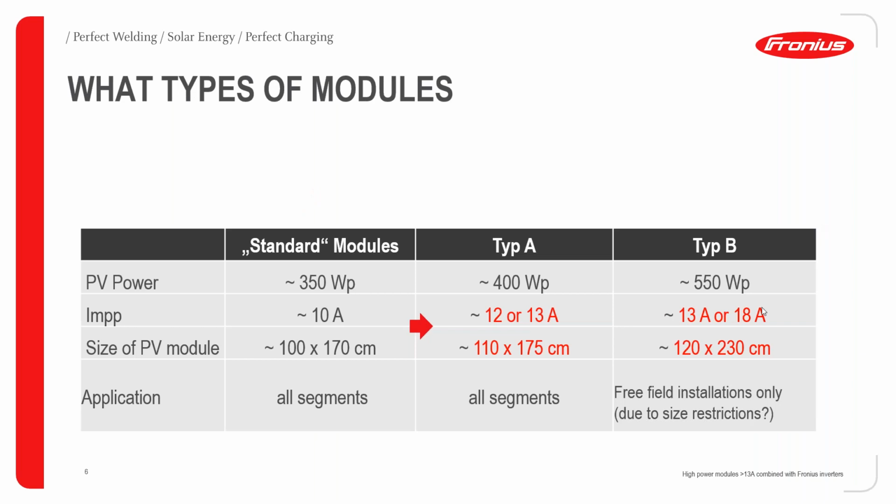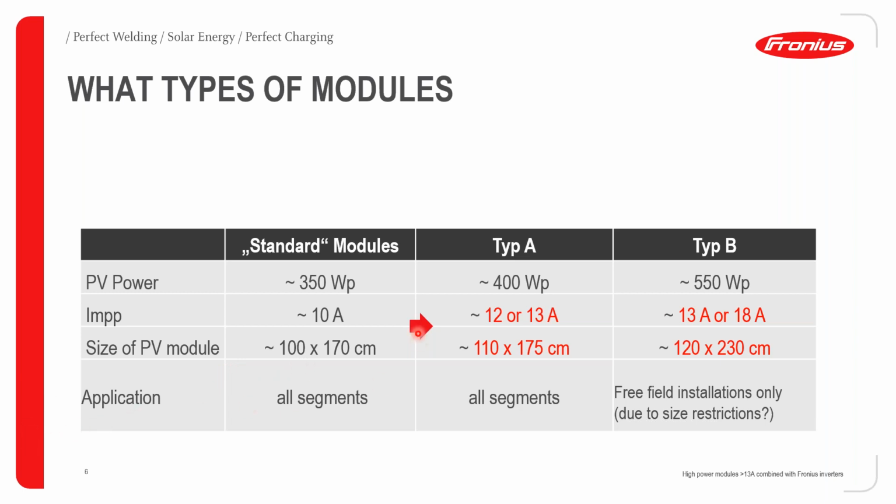In terms of classification, we can boldly classify modules into three major classes. We have the standard modules that go up to approximately 350 watt peak, with an MPP current of about 10 amps, not exceeding that, and a size in the region of 100 by 170 centimeters.